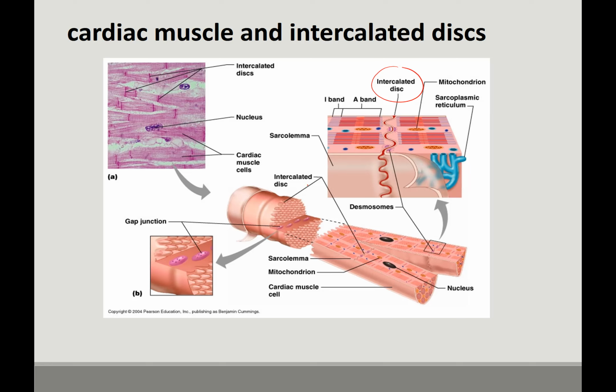And in that intercalated disc, if you zoom in here, you see something called a gap junction. We haven't covered these. They are, I think, coming up in the next chapter. But gap junctions are for cell-to-cell communication.